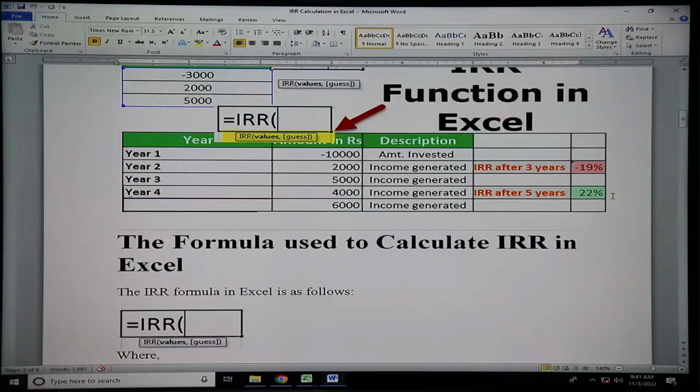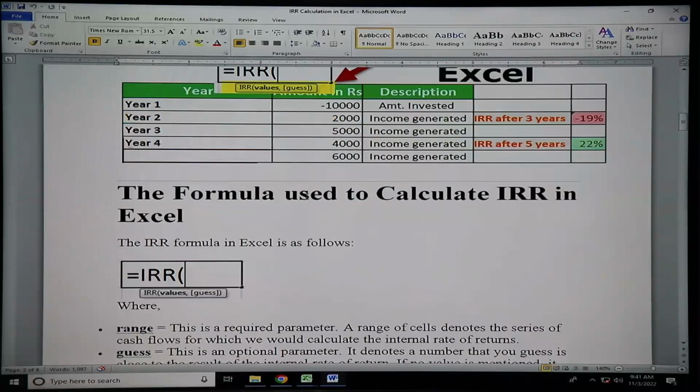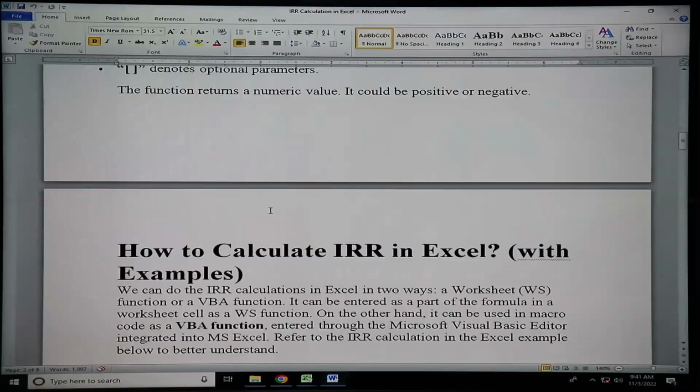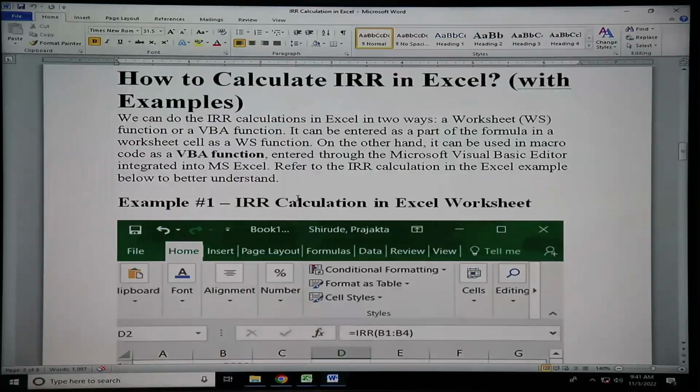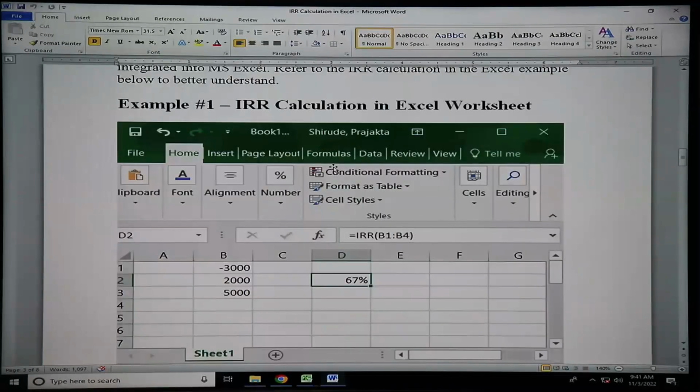That is one way of inserting that function, the internal rate of return. So I think that function is clear.